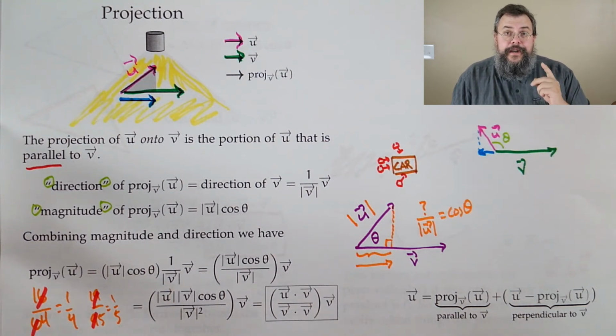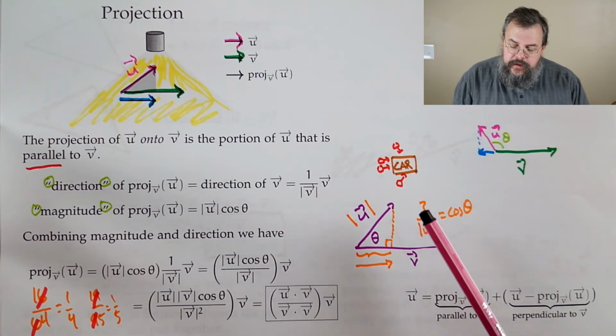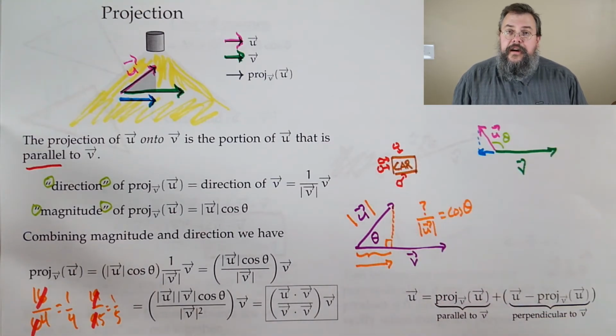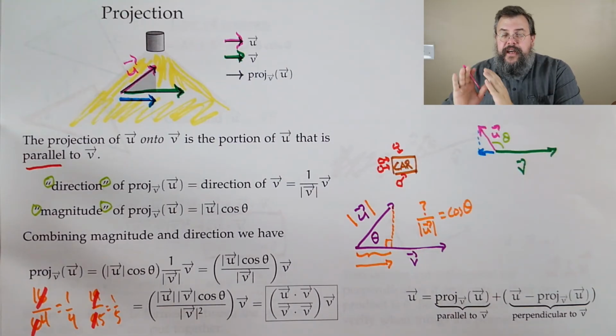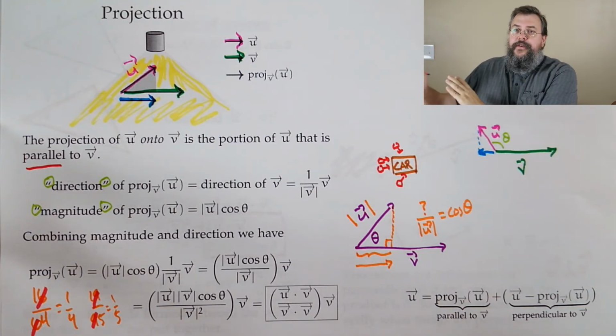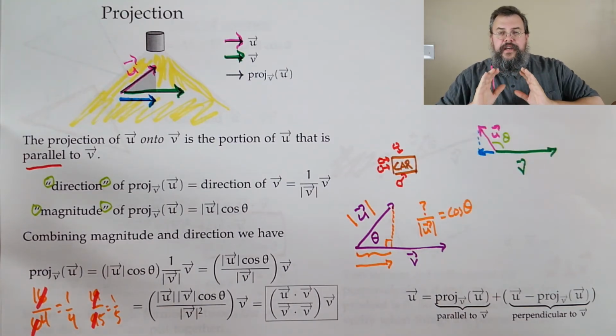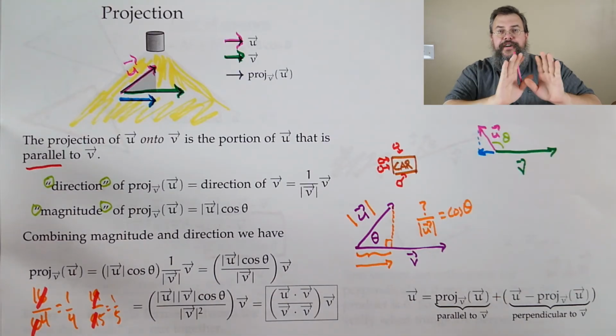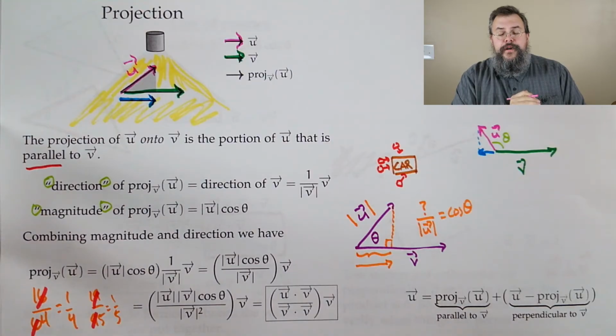Now, one last idea. And this is going to be an important idea as we start understanding vectors. Because when we talked about pushing the car, we said, in one direction, this person pushing from a diagonal, part of it was useful, part of it was wasted. Essentially, there's a part where they were pushing the car sideways and not forward.